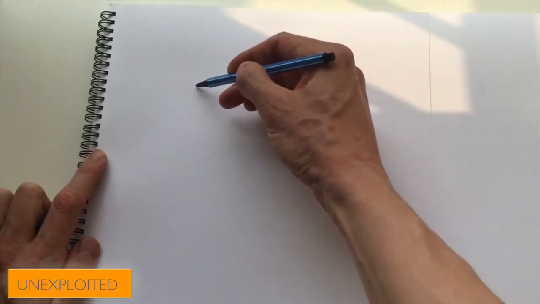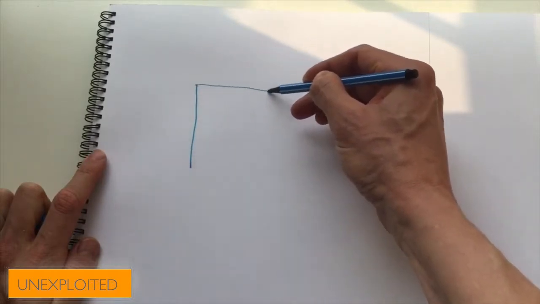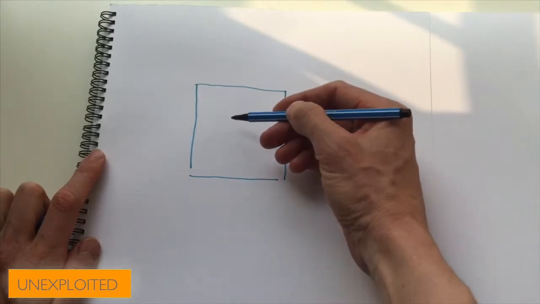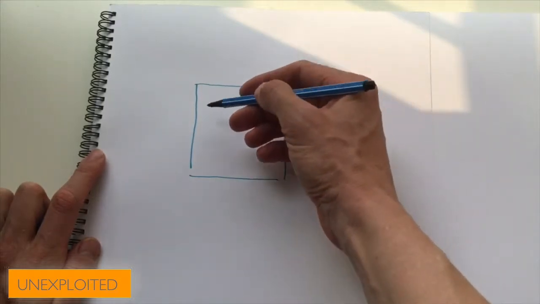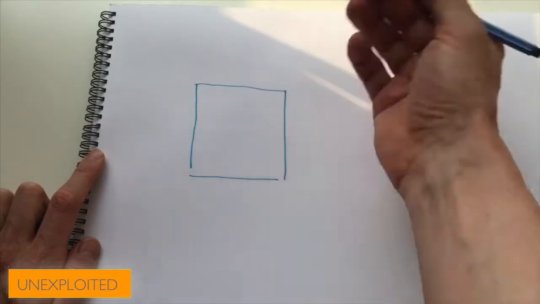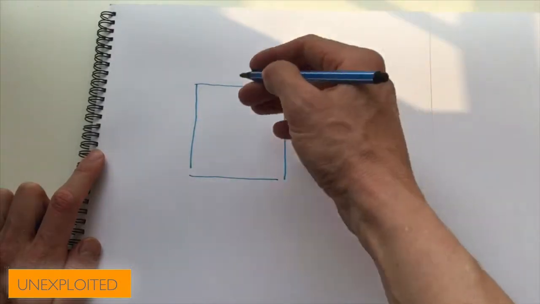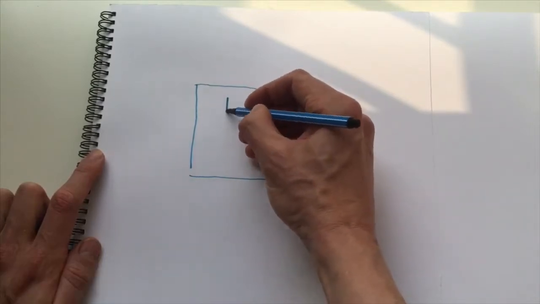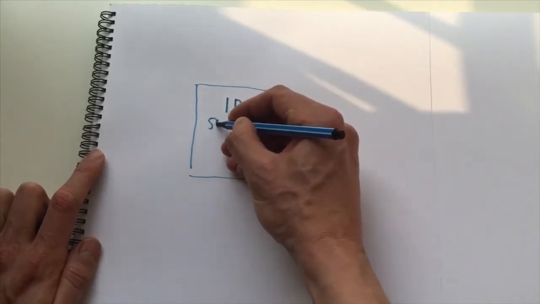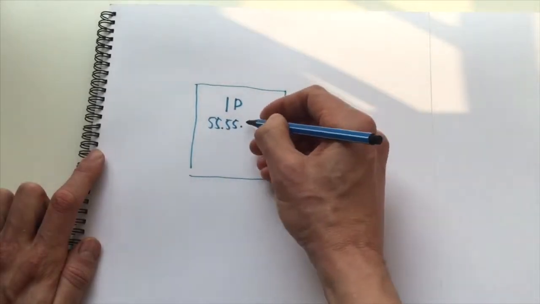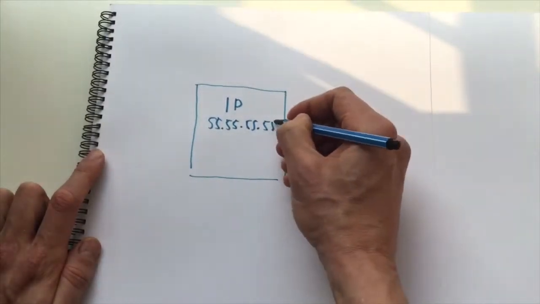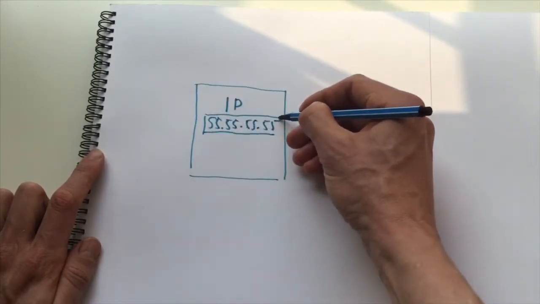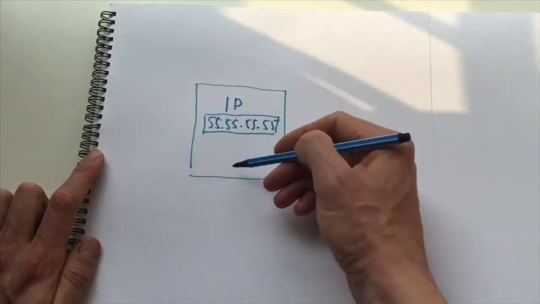So you can imagine your computer as a factory. This factory has a name, but for all the rest of the guys, the name is not important. What's important is the number, the IP address, which is 55.55.55.55. This is your computer in the network. This is your factory.